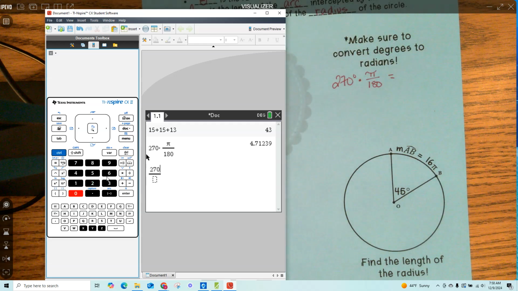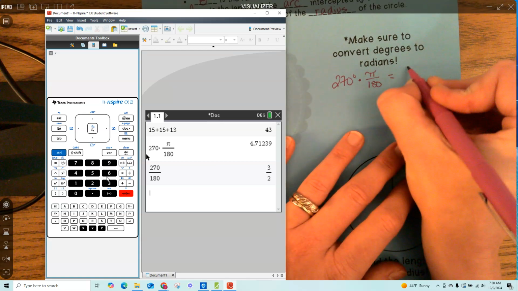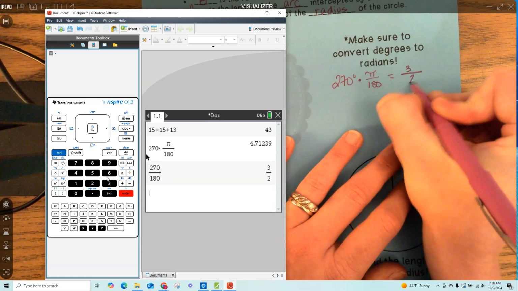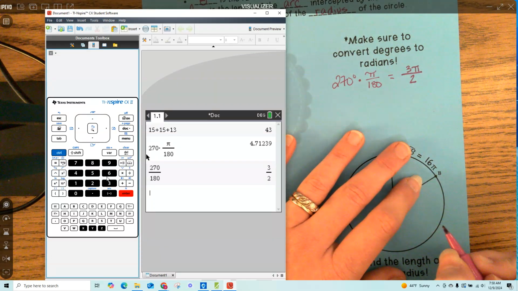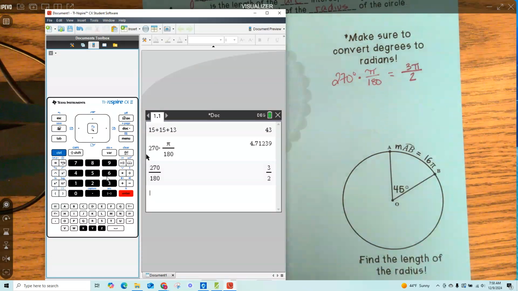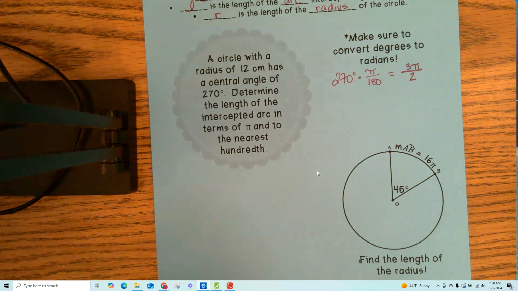The 270 goes on top, the 180 goes on bottom, and we write this as 3 over 2, but we can't forget about the pi. The pi always goes on top as well. So be really careful when you're converting this way, because if you do the whole thing in the calculator, you will get a decimal.